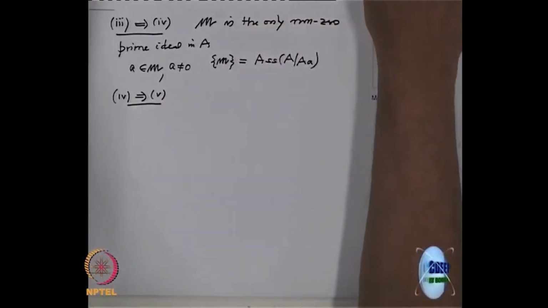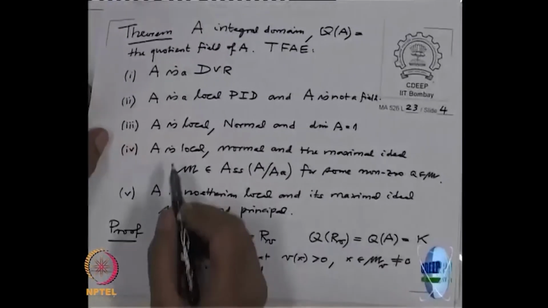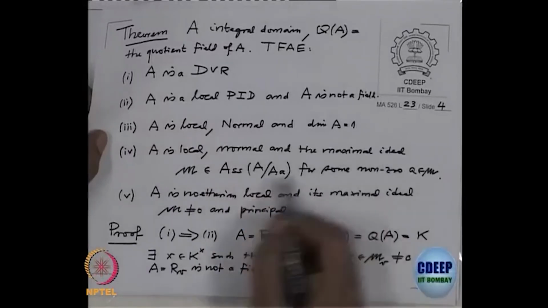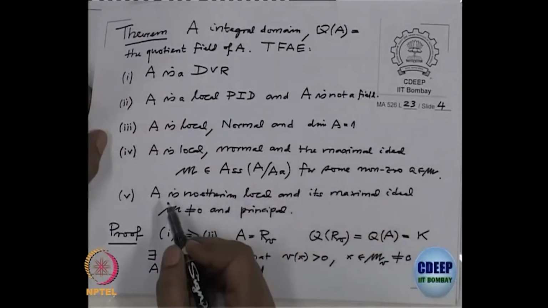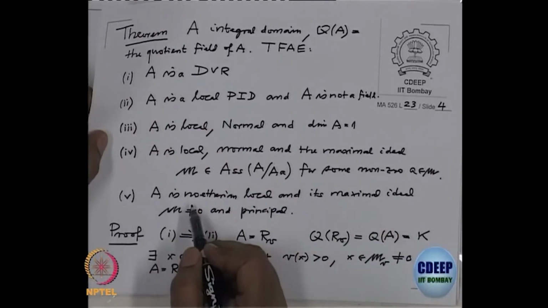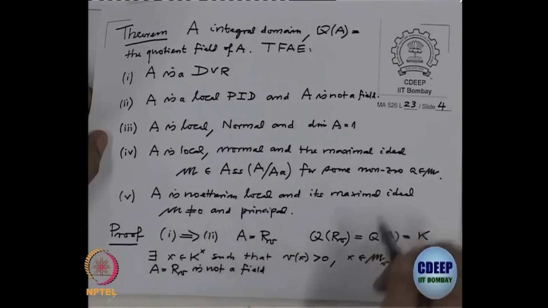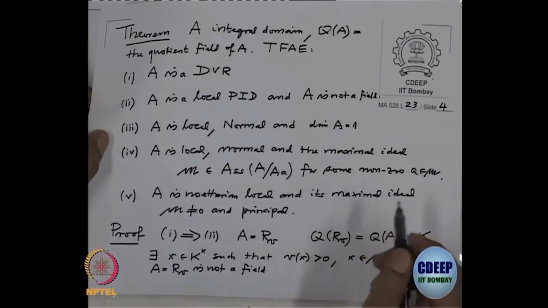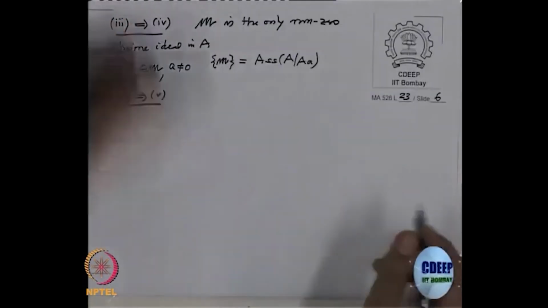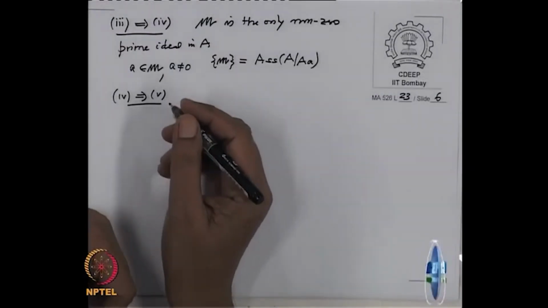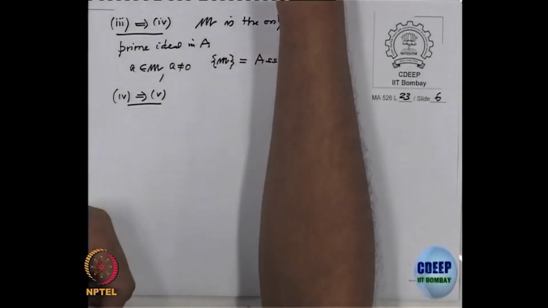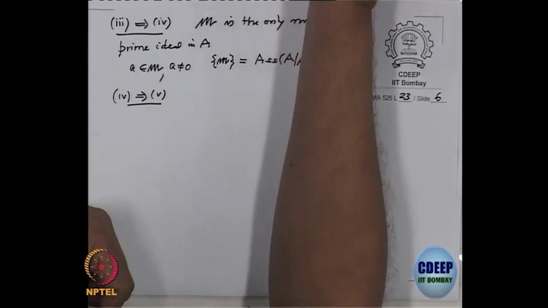Now, 4 implies 5. 4 is given: local, normal and maximal ideal is associated to some non-zero element, and 5 is Noetherian, local, and its maximal ideal is non-zero and principal. So, we will prove. Noetherian is already there, because we are assuming normal is Noetherian and local is also there. So, now I only have to prove that the maximal ideal is non-zero and it is principal.